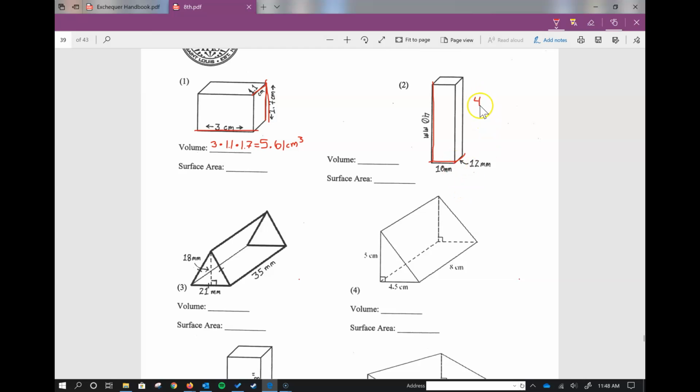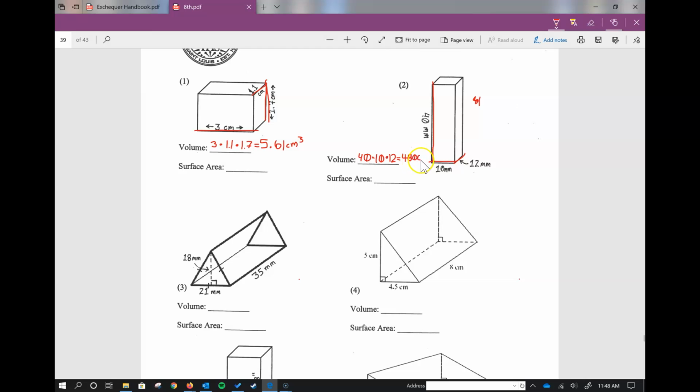So we're going to do 40 times 10 times 12. And that should give us, if my mental math is correct, 4,800. So our volume, number 2, is 4,800.